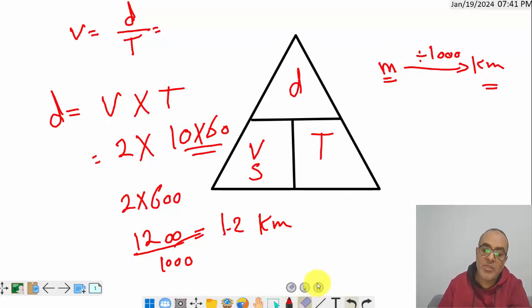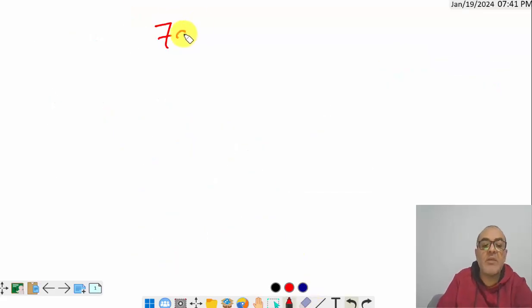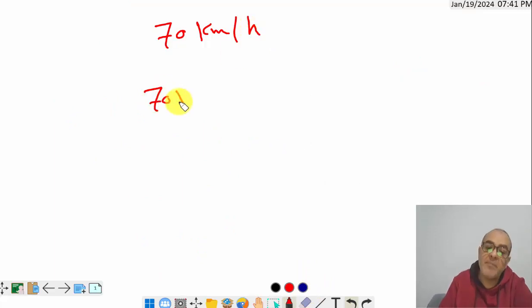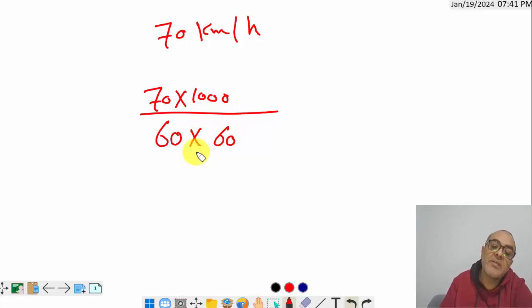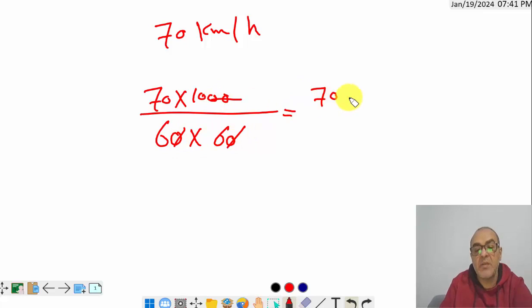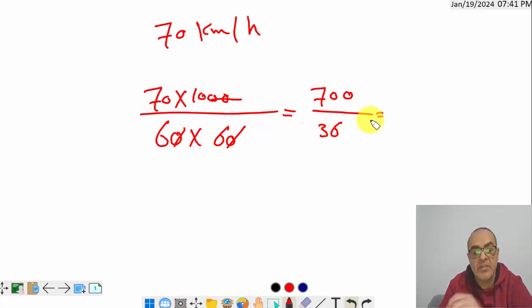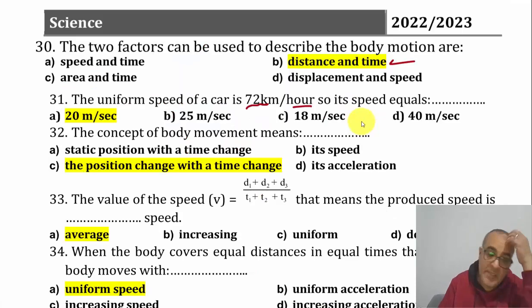Go to the explanation board here. 72 kilometers per hour means 72 times 1000 to transfer kilometer to meter, and an hour contains 60 minutes and a minute contains 60 seconds. This gives 72000 divided by 3600. It gives, yes, 20 meters per second.